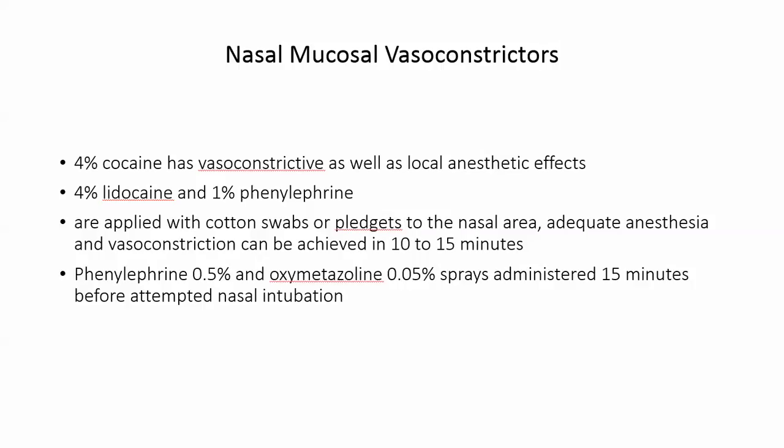And these vasoconstrictors and local anesthetics are applied with cotton swabs or pledgets to the nasal area. Adequate anesthesia and vasoconstriction can be achieved in 10 to 15 minutes. Alternatively, phenylephrine 0.5% or oxymetazoline 0.05% sprays can be administered 15 minutes prior to attempting nasal intubation.